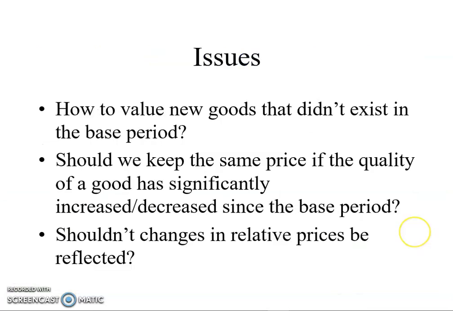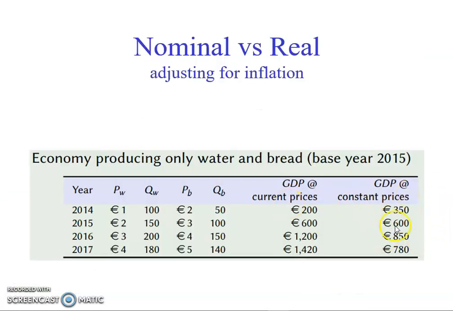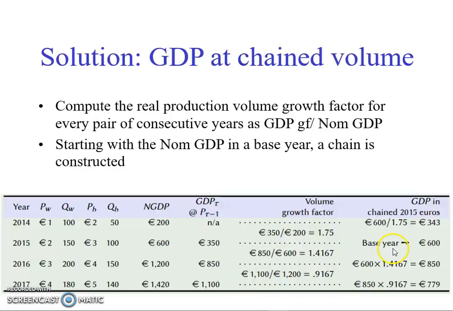So if we come back, as we have the real GDP here, 2015 is 600, 2016 is 850, etc. So this is what you see here: 600, 850. Then here it would be 780 times the growth factor between the 2 consecutive years.